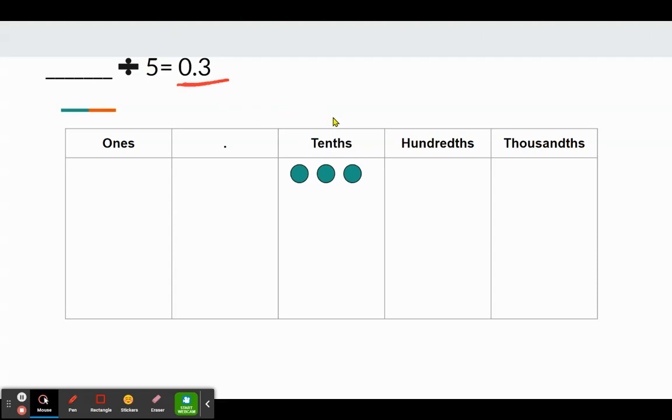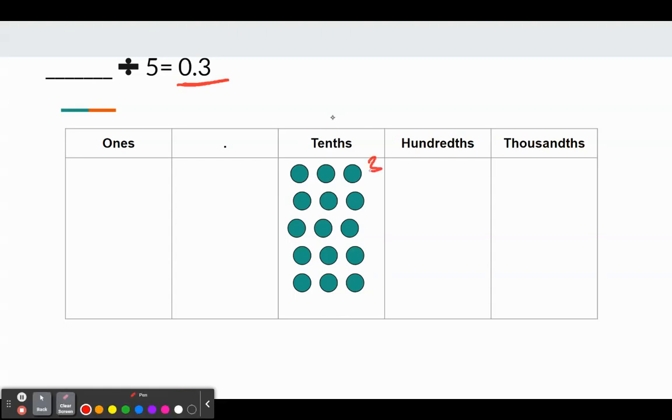So I have 1 group of 3/10. I have 2 groups of 3/10, 4 groups of 3/10, and 5 groups of 3/10. Sorry, I kind of messed up my counting. So I have 5 groups of 3/10. Now from here, I can see that I have 3, 6, 9, 12, 15 tenths. So I have 15 tenths.